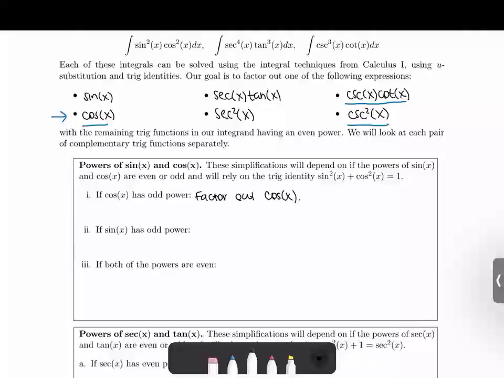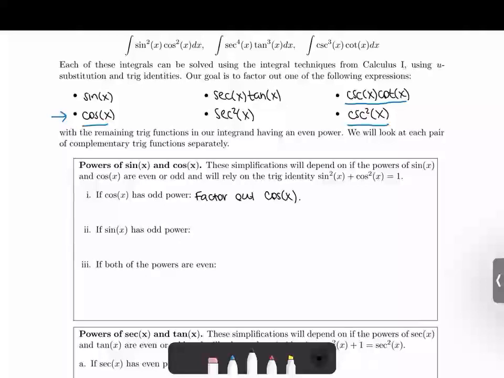So if cosine has an odd power, that means it's cosine to the first power, or cosine cubed, or cosine to the 5th. And when we factor one out, we're going to be left with, for example, if we had a cosine cubed and we took one out, cosine squared.